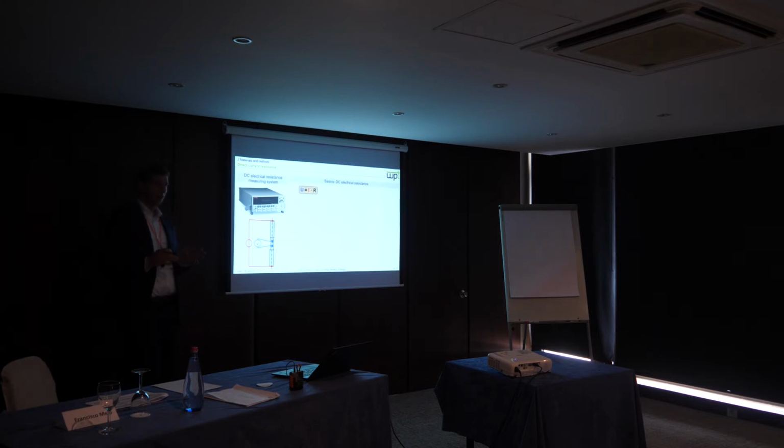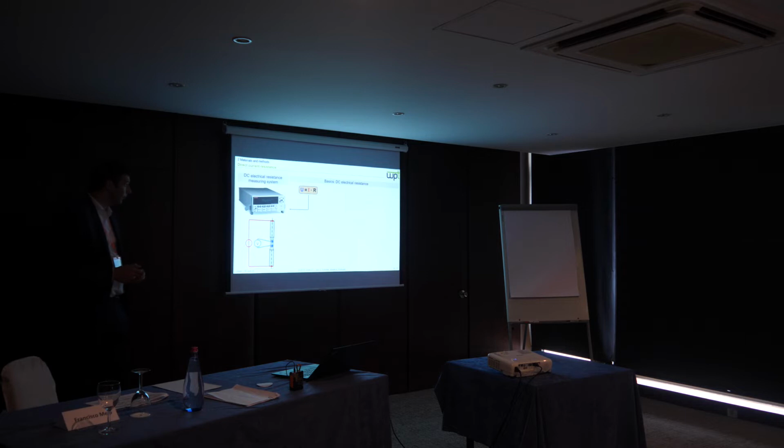I know a lot of you know the basics, but it's really important, so I will talk about them real quick. We want to know the R, or the resistance, and for that we measure the voltage. To get the R, we need a really highly constant current. This is why we need a really good measurement system, to get a highly constant current that we know.